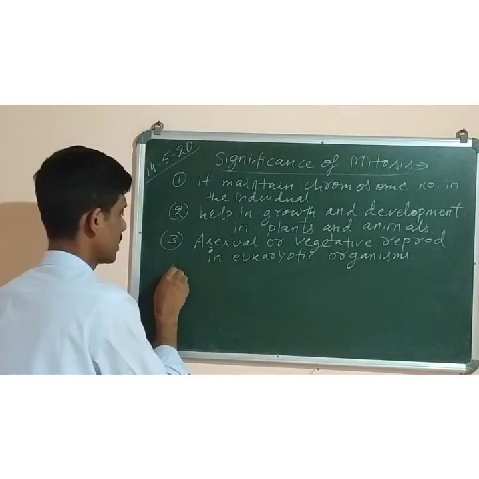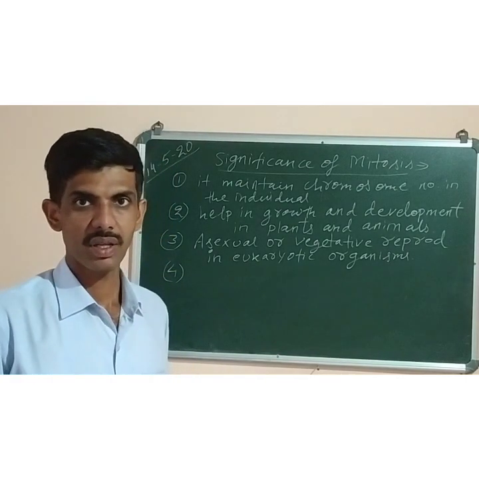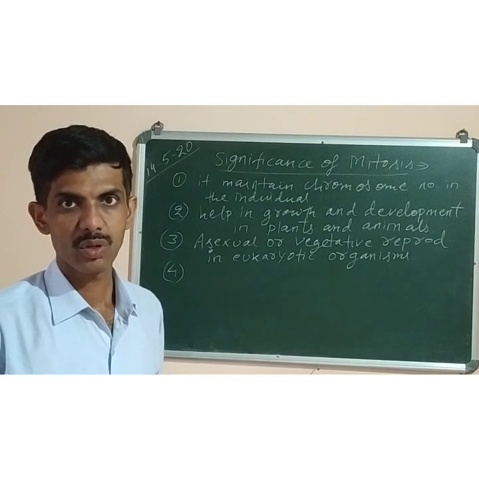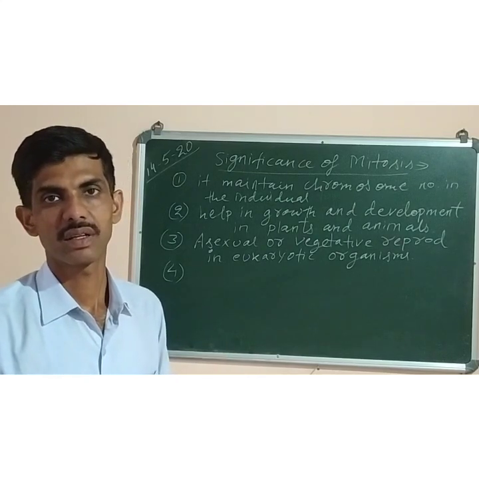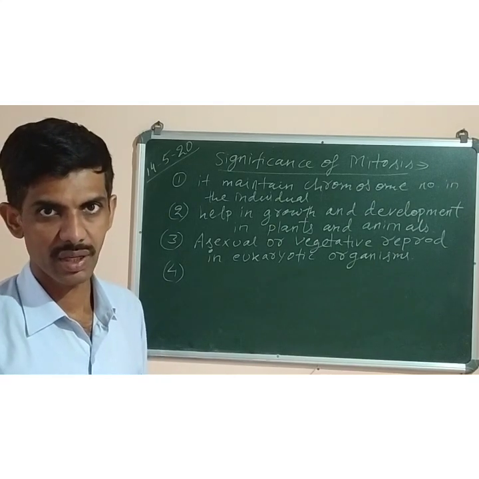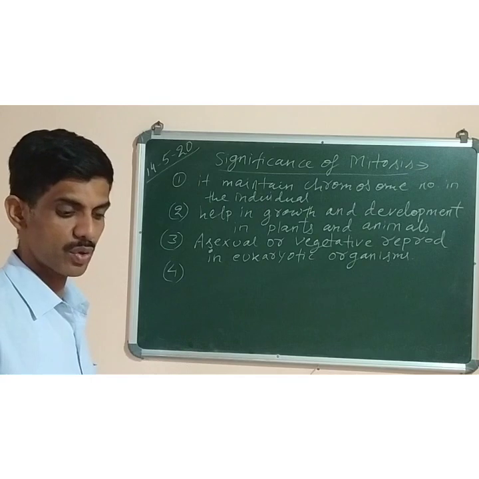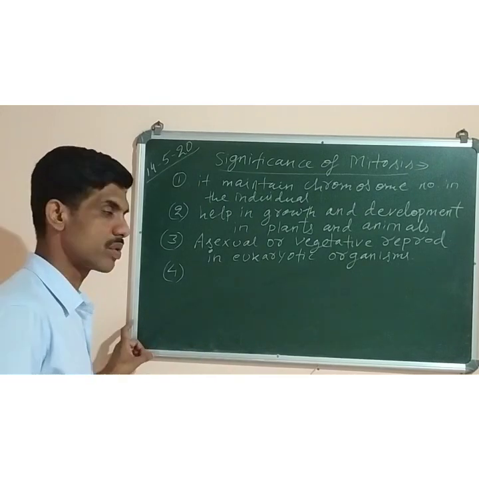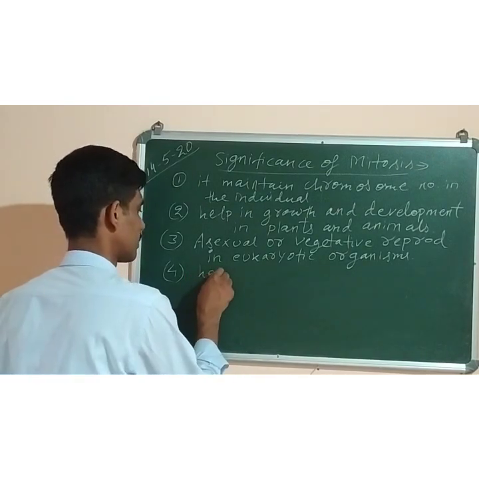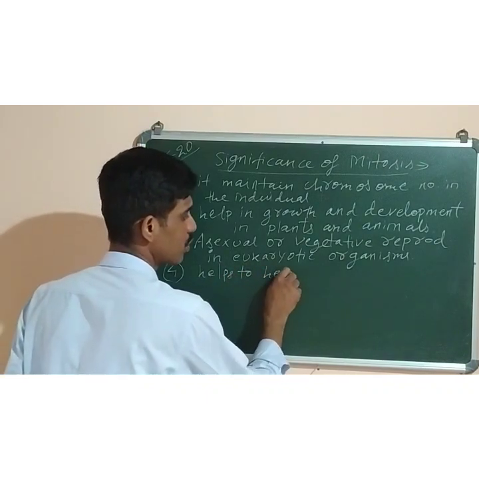Now the fourth significance of mitosis cell division, it helps to replace damaged cells of the body by regenerating new cells. So next one is it helps to heal the wounds at the wound site. Heal means to fill.